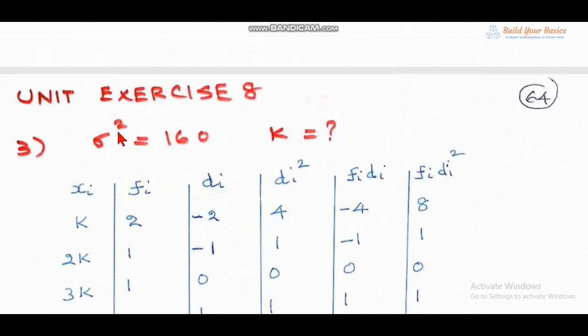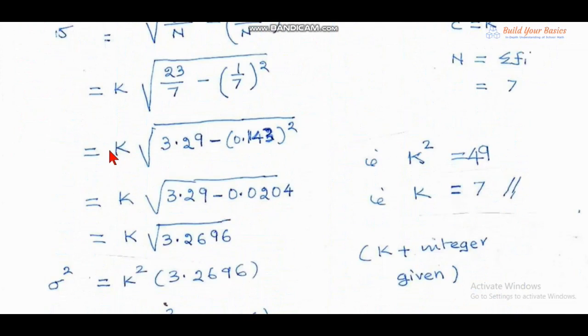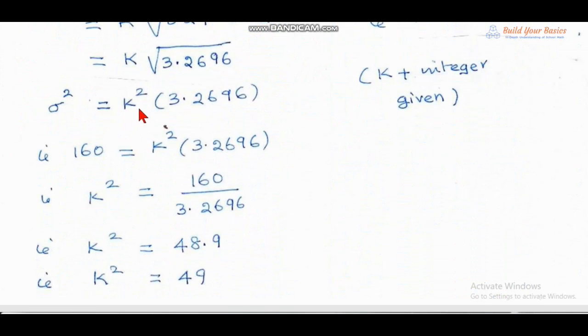In the problem we are given sigma squared, so I square both sides. Sigma squared equals k squared into 3.2696, since the square root goes away. Sigma squared is given as 160, so k squared equals 160 divided by 3.2696, that is 48.9, which can be taken as 49 approximately.